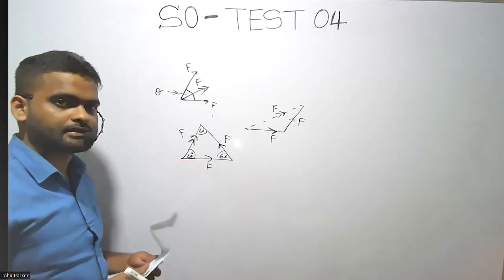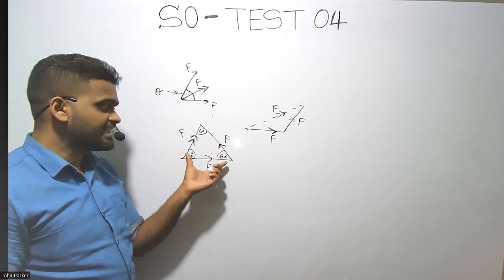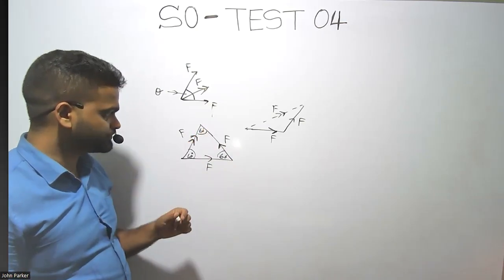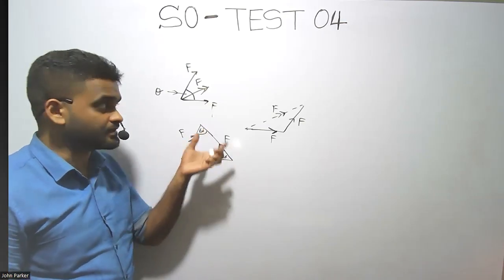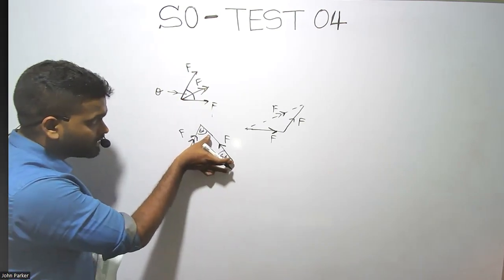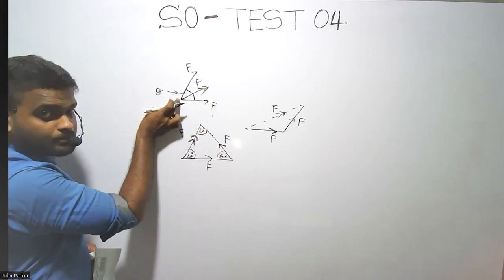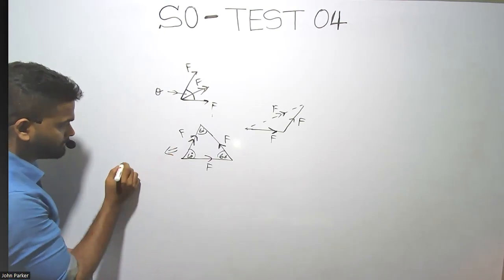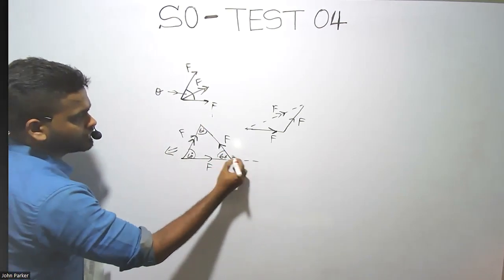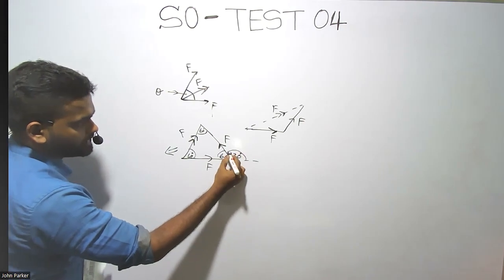Then what is the inclination between this F and this F? In order to get the inclination, that theta, you need to form this starting from one point. So you have to move this back again, right? So it is obvious this angle is 120.